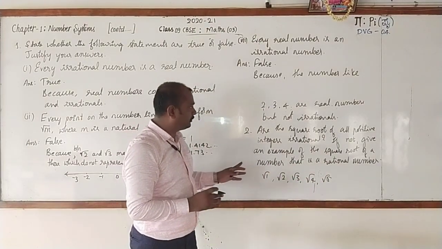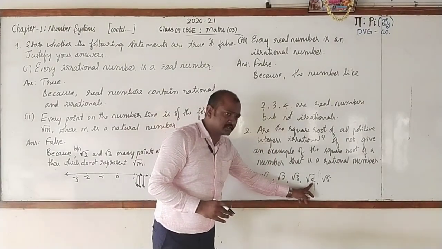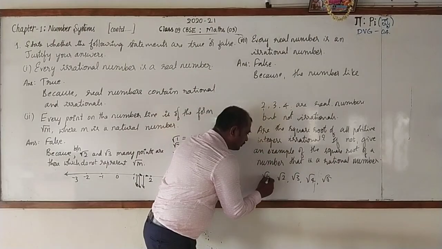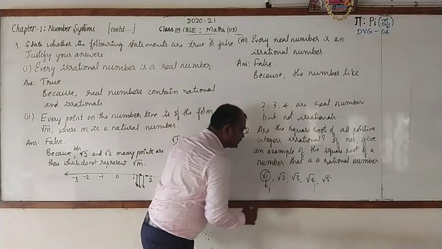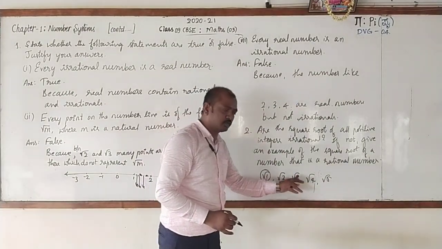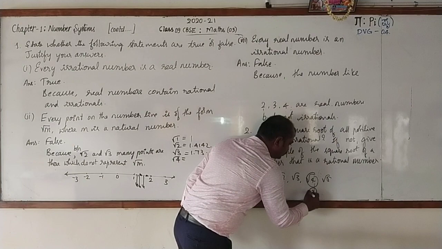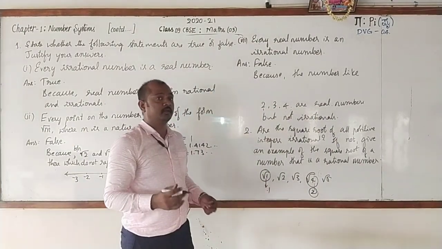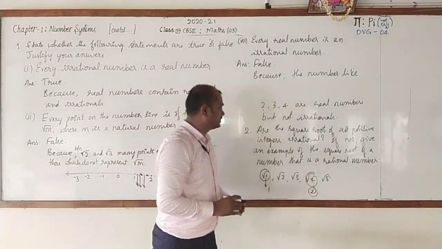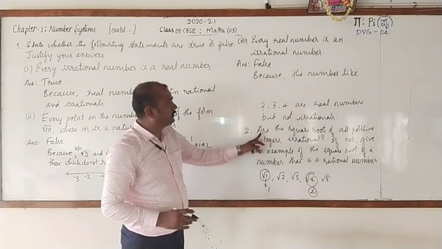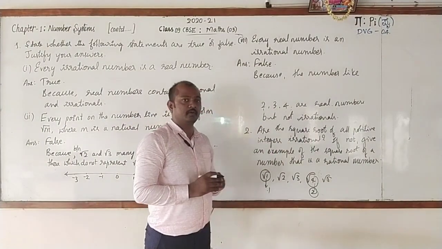Do you say them irrationals? What is the value of root 1? It is just 1. Root 4 is 2, where 1 and 2 are rationals but not irrationals. Hence, you can say that the given statement is wrong.